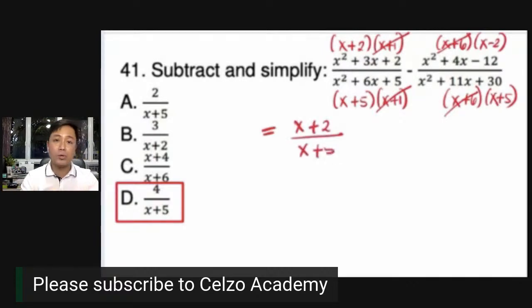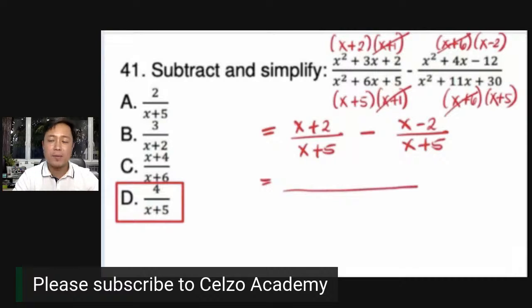We have x plus 2 over x plus 5 minus x minus 2 over x plus 5. And now we have like fractions, right? We can just simply copy the denominator x plus 5 and combine like terms for your numerator. So x and negative x will cancel out. So we have 4 over x plus 5.